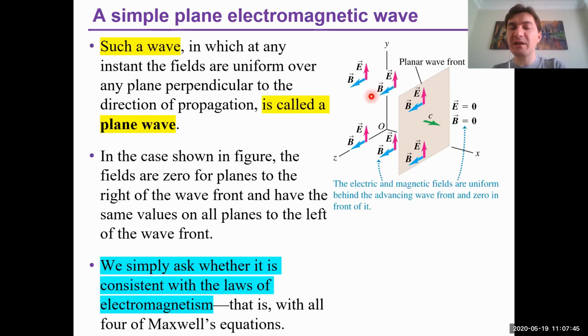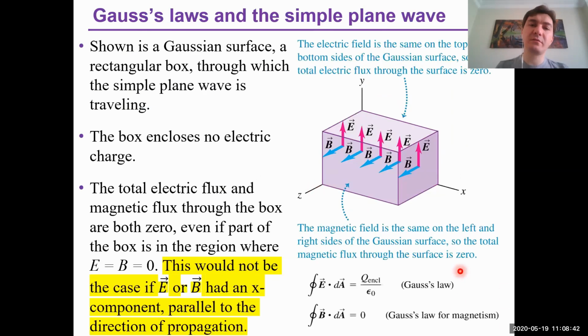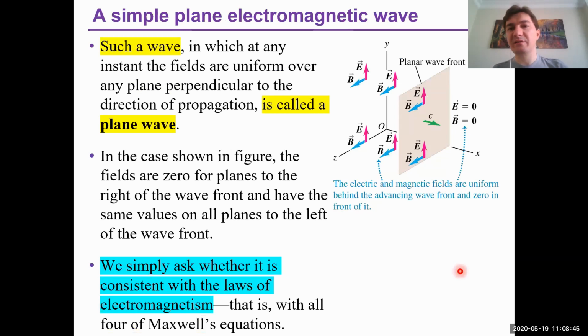The electric field and magnetic field are perpendicular to each other, and they are also perpendicular to the propagation direction. So now let's try to apply Maxwell's equations to that simple plane electromagnetic wave and check whether Maxwell's equations satisfy that condition. Do you have any question here within that part with the definition of that simple plane electromagnetic wave?